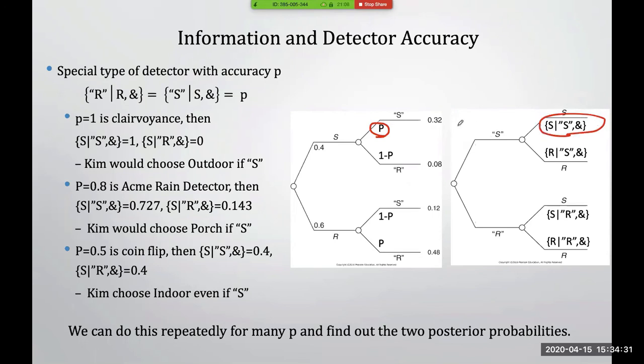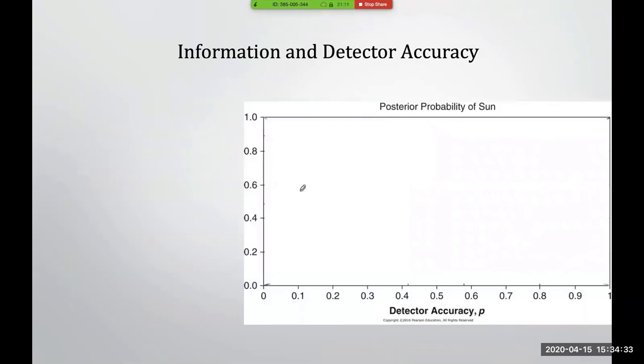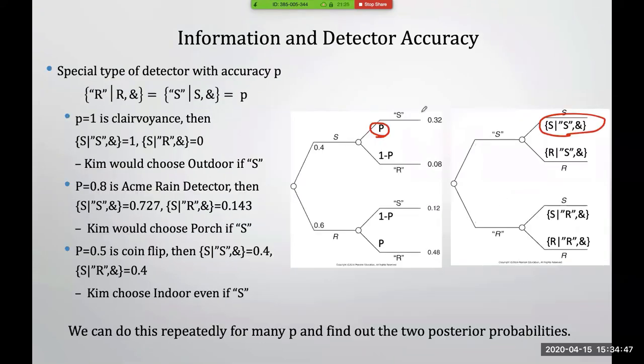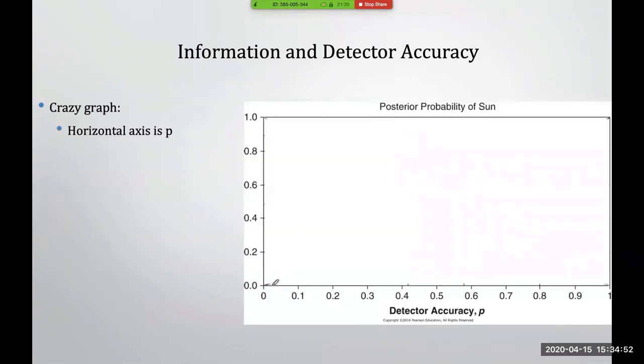And then we can graph a series of findings like that in this graph, which I call a crazy graph. So here, the horizontal axis represents this P, this accuracy. And this vertical axis represents the posterior probability of sunshine.